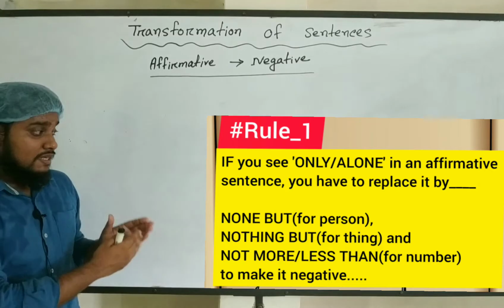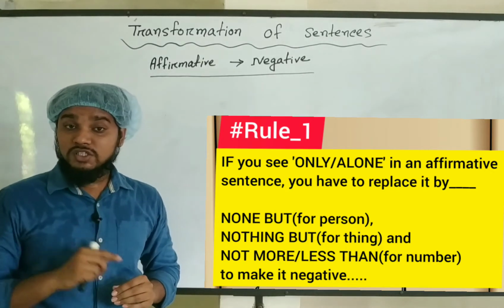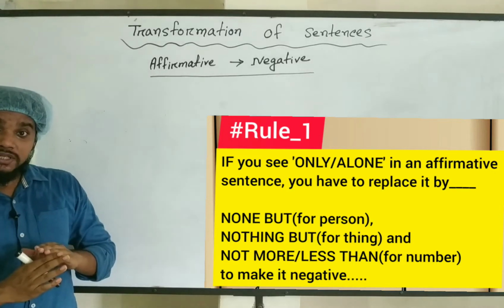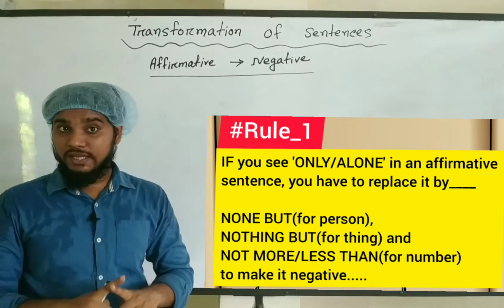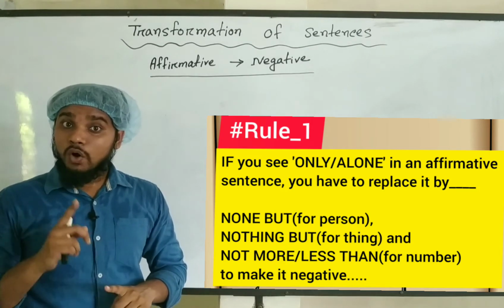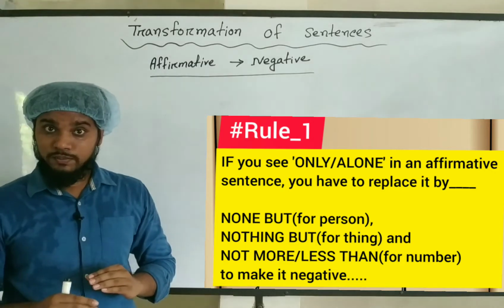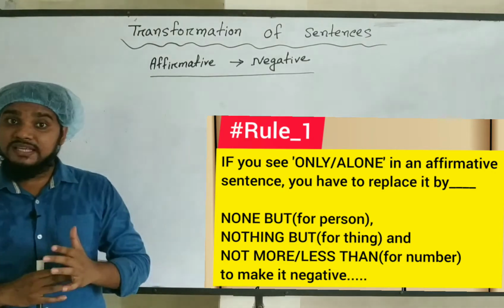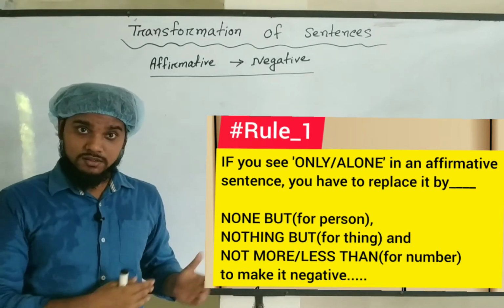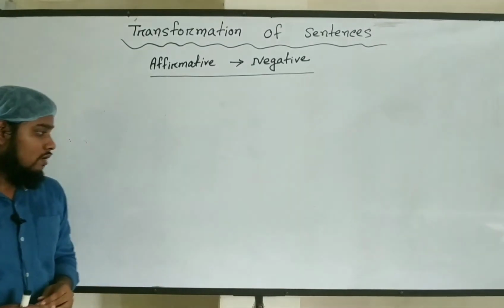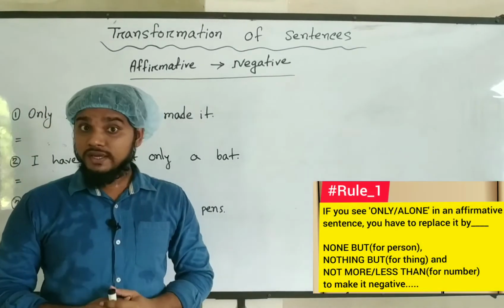And if only is used before a number, then you have to use not more than or not less than instead of only according to the meaning, because you always have to make sure that the meaning doesn't change, because we know if somehow the meaning is changed, there will be something wrong in our sentences, right? Okay, let's have some examples. Now look at the examples.